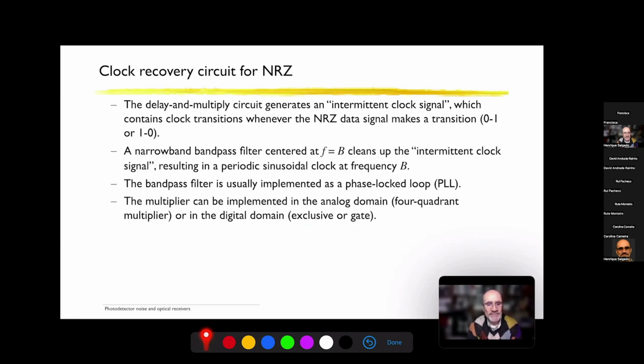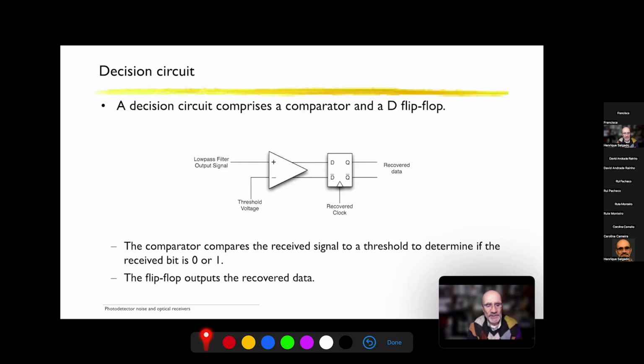Basically, the decision circuit is a comparator, where at one of the inputs you have a threshold voltage that you can adjust, and at the other input you have the data being received.